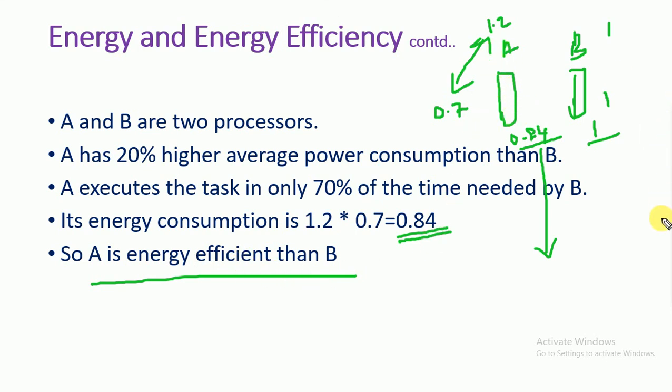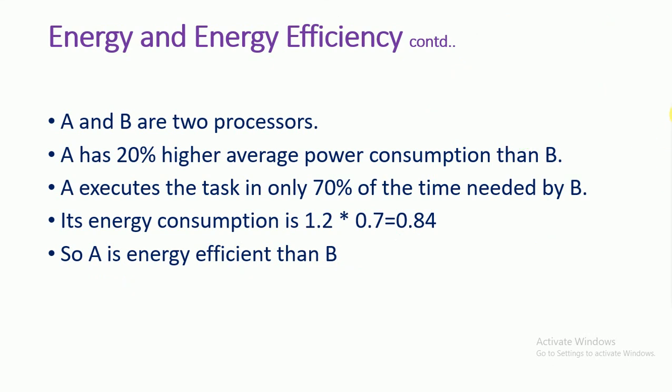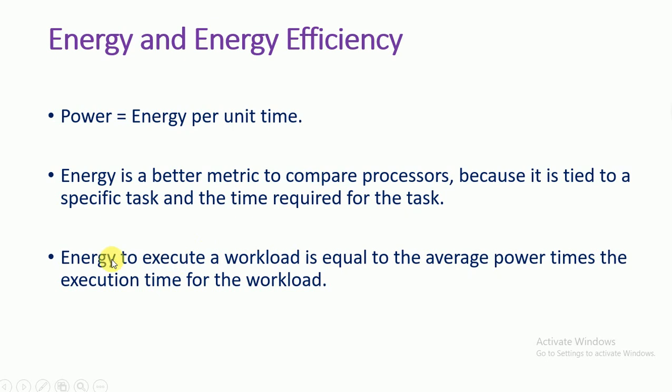So that is what was given in the previous slide: energy to execute a workload is equal to the average power times the execution time for the workload. So it is related to the power and execution time for a particular workload.